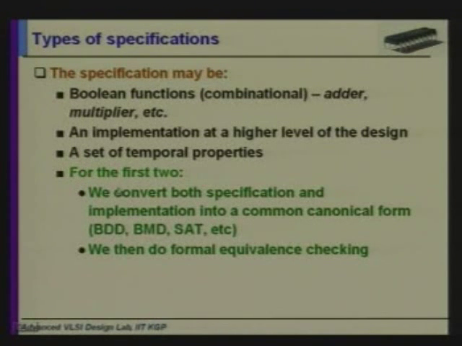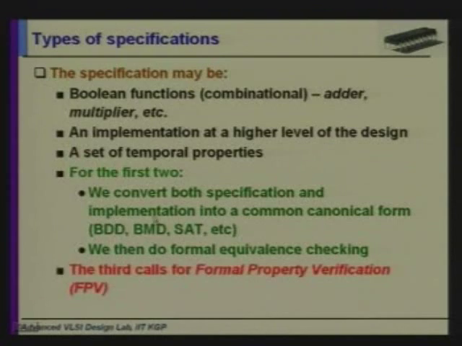We bring those two to a common platform and do the equivalence checking between them. Typically BDD, BMD, SAT-based formulas are used for this equivalence checking, but we will not cover this in this presentation.